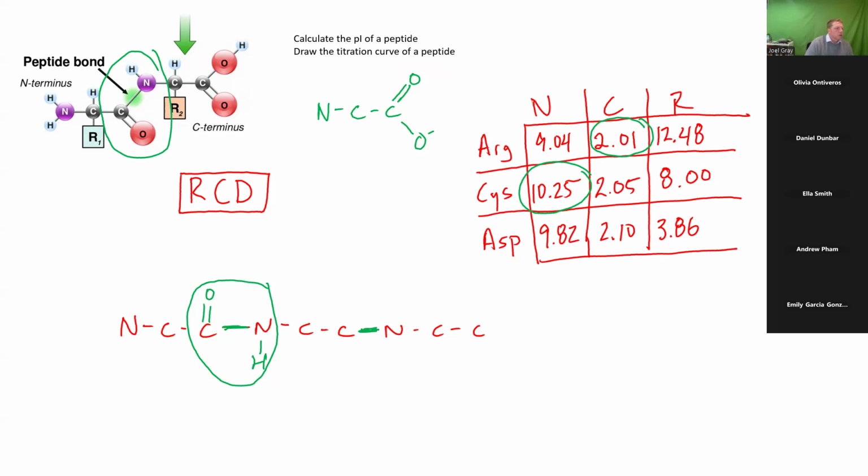Okay. Now, an important point for you to recognize within this right here is that this is the result of the N termini of one amino acid that looks like this reacting with the C termini of another amino acid.